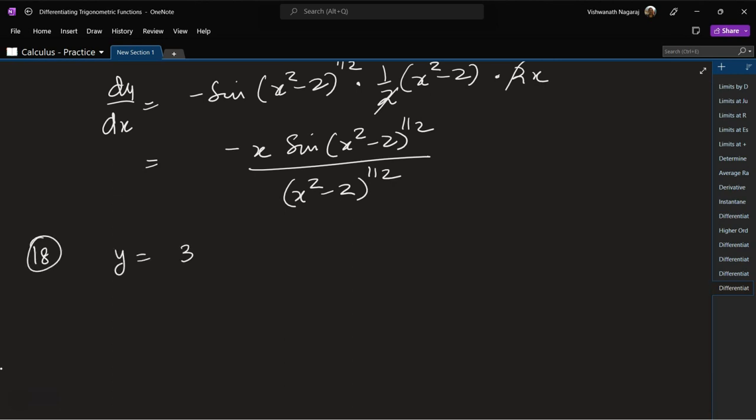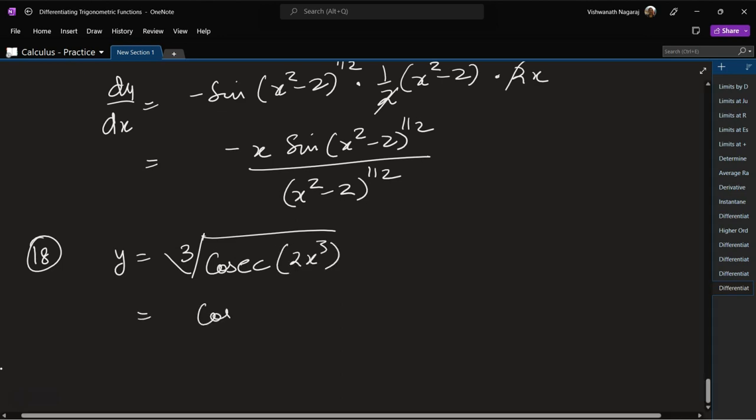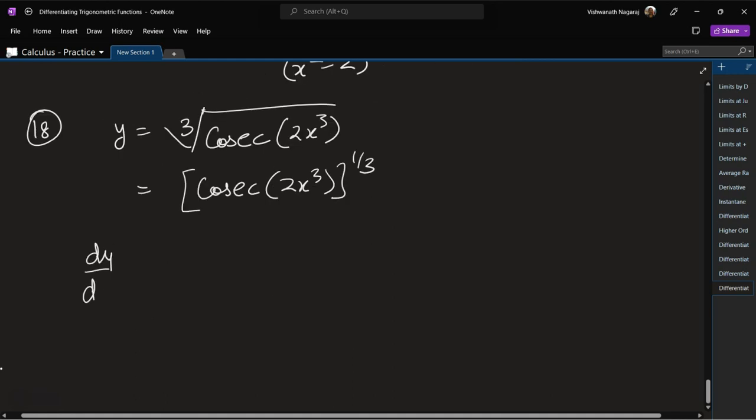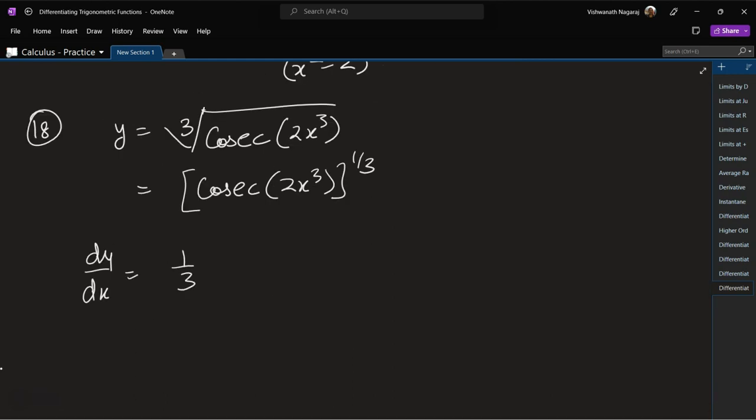Y is equal to cube root of cosec of 2x cube. This can be written as cosec 2x cube to the power of 1 by 3. So dy by dx would be 1 by 3 cosec 2x cube to the power of 1 by 3 minus 1 is minus 2 by 3 times.